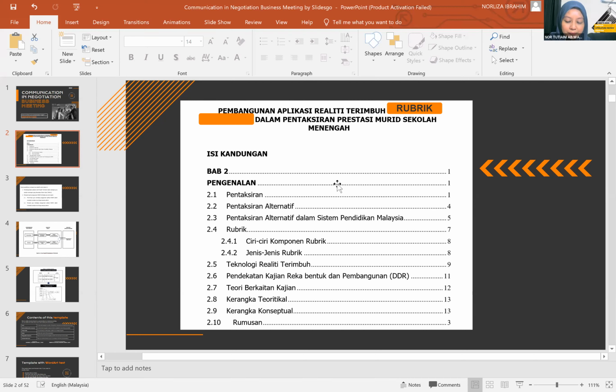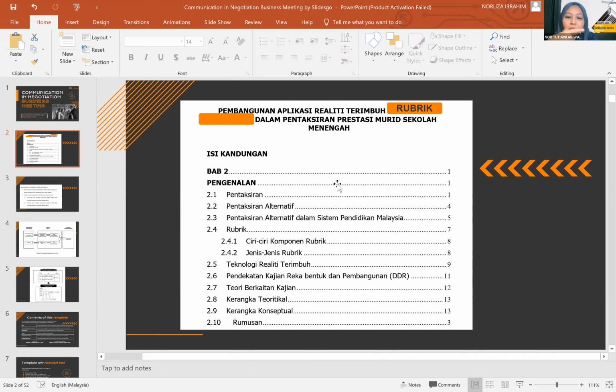Tapi dah sampai chapter 3 saja dululah. Saya buat by team. Cuma soalan saya, saya tak ada bidang khusus, contoh macam doktor tadi ada biologi. Saya just general, rubrik tu sebagai pentaksiran prestasi murid untuk sekolah menengah.